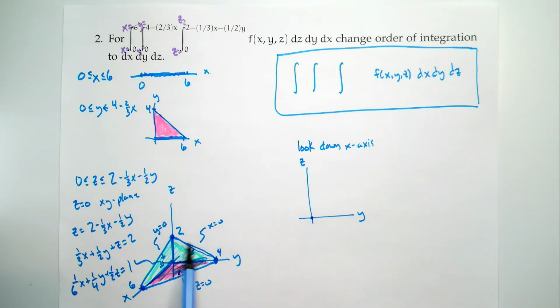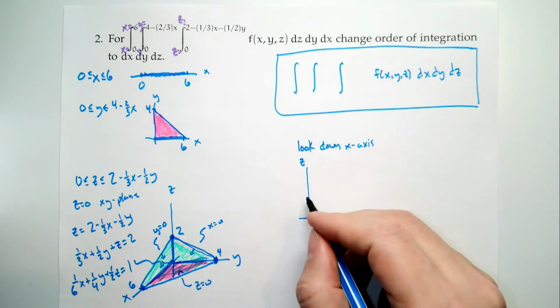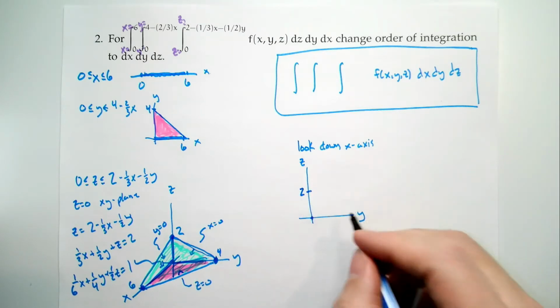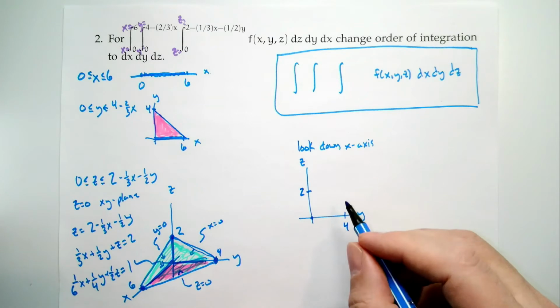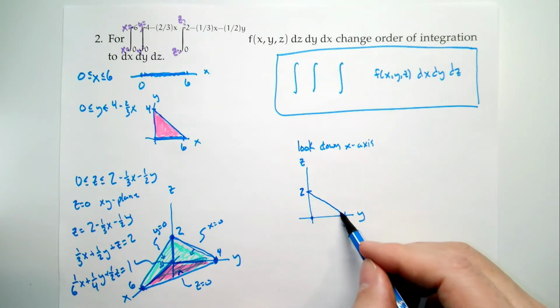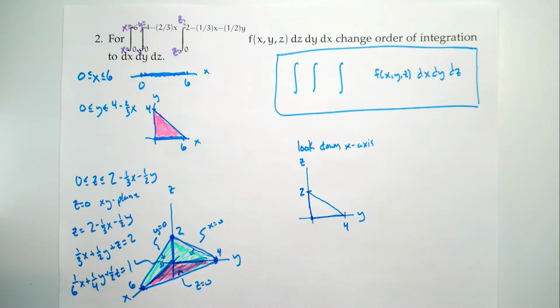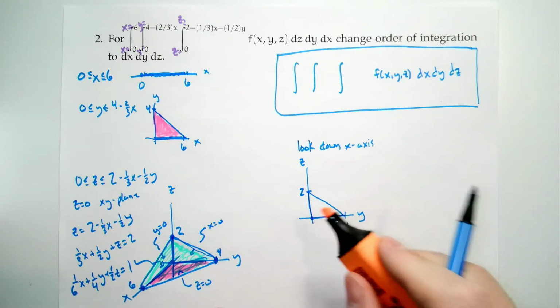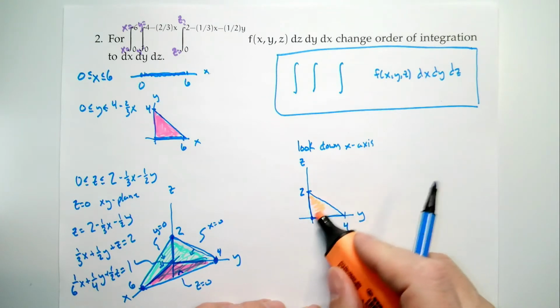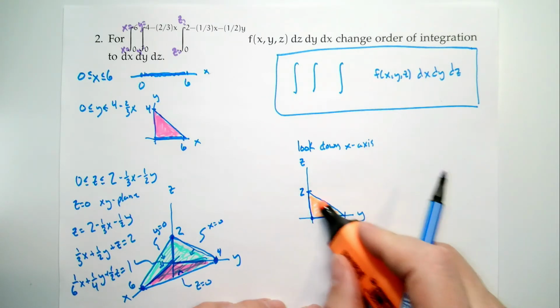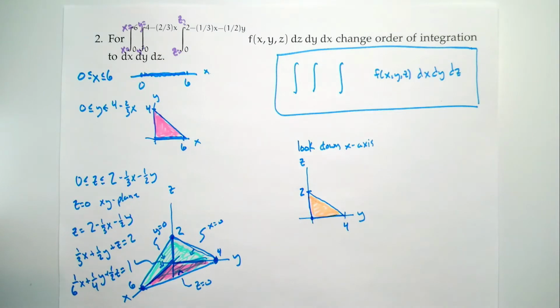It's this back triangle. So, z equals 2, y equals 4, and there's our shape. All right, now we can start to figure things out. Let's start with our outermost bounds.